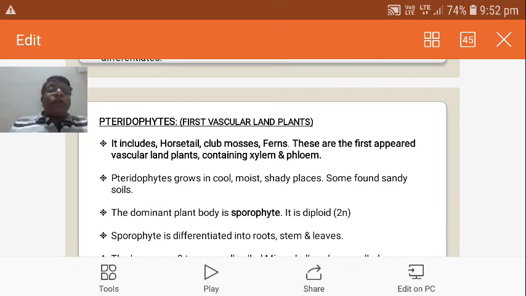But here it's not like that. In pteridophytes, the plant body is differentiated into root, that is the root system, and stem and leaves, the shoot system. It consists of root system and shoot system.